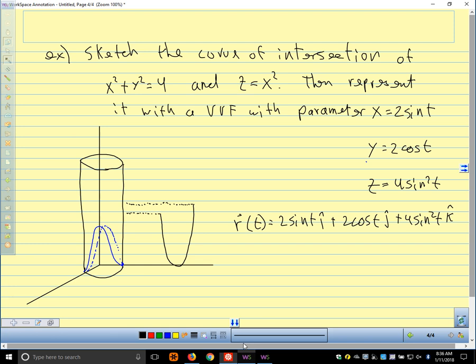We can represent pretty complicated curves pretty nicely. Next time we'll start doing some calculus with these things, and if we think of a physical object moving along those curves, we'll talk about velocity and acceleration.